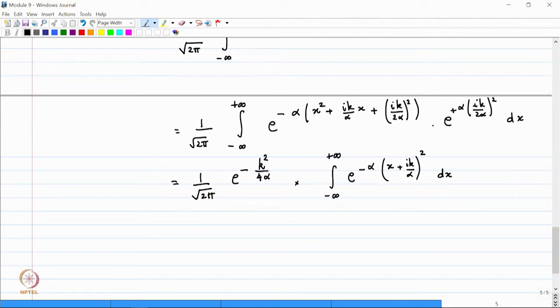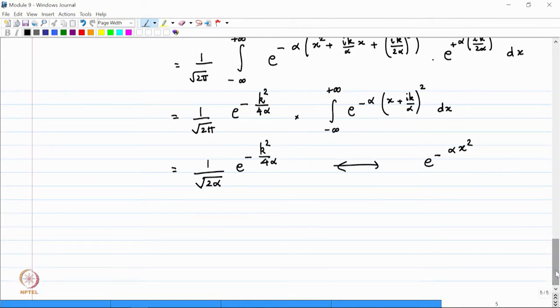So, this integral will be square root of pi divided by alpha. So, the square root of pi will cancel, and you will get 1 over square root of 2 alpha e to the minus k square by 4 alpha. Okay. So, this is f tilde of k, and this is the Fourier transform of e to the minus alpha x square.